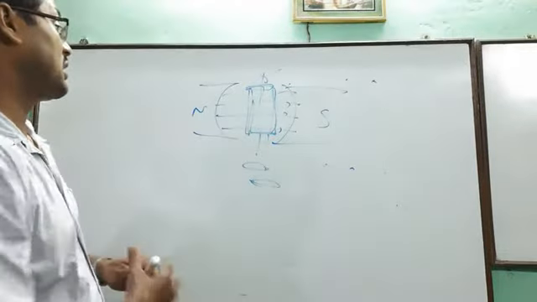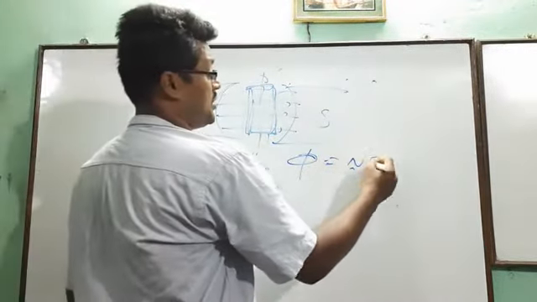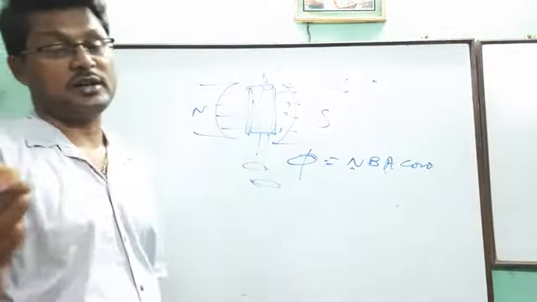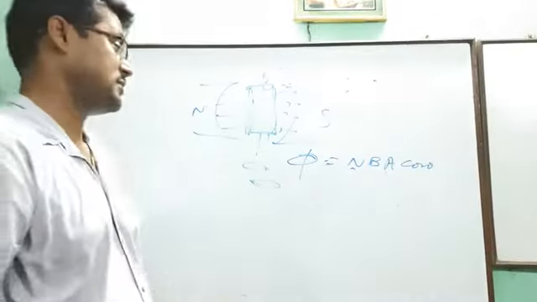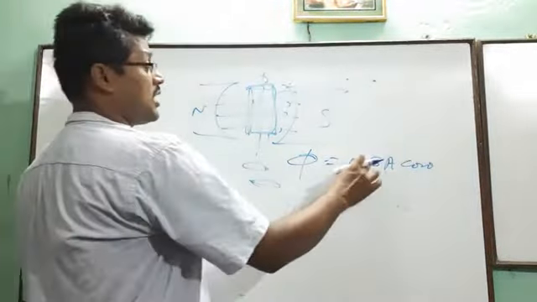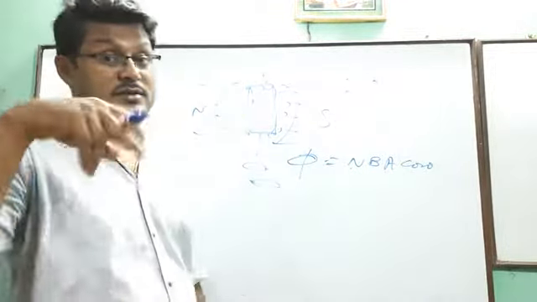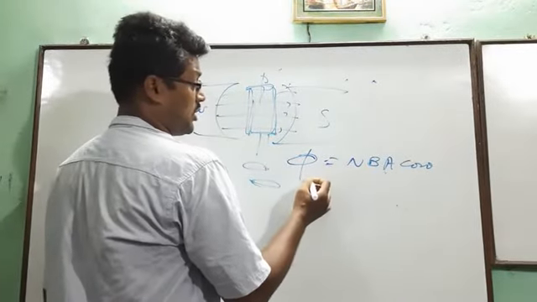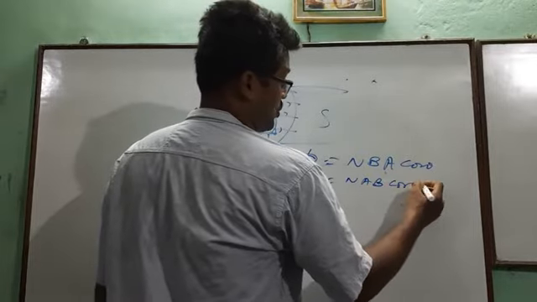Then here we have to find out the flux. Flux is N B A cos theta, if the plane of the coil makes an angle theta with the field. N is the number of turns present here, B is the magnetic intensity, and A is the area of the coil where turns are made. Now we can modify it as N A B cos omega t.